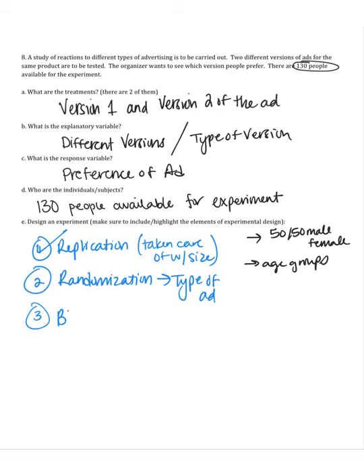Next, you need blocking. Okay, blocking. And that's kind of like you can choose something like this to block by. And type 4, direct control.